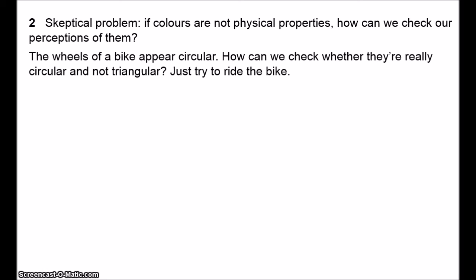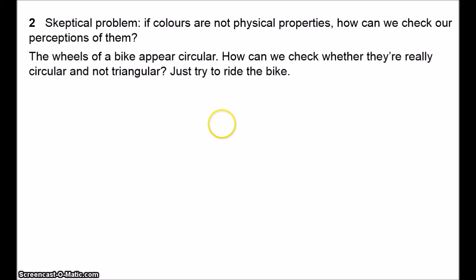Now, of course, this doesn't absolutely prove that the wheels are circular. If you've read Descartes, you might think that maybe all of our senses could be completely mistaken. But the point is that with shape, we can test the deliverances of vision in various ways. For instance, by testing what we see against other sensory modalities.